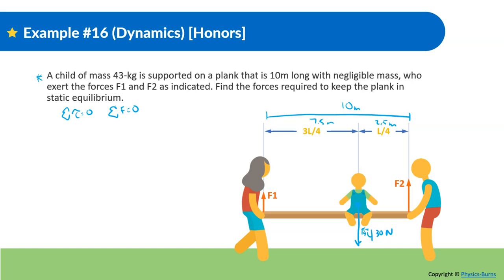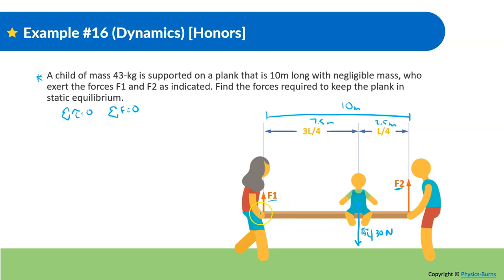So for now, let's look at the forces. Okay, we don't really know many forces, so we're going to look at the torque. First thing we have to do when we do problems like this is put an axis of rotation somewhere. And because it's not rotating, we can actually put it wherever we want. But it's best to put it where we don't know where one of the forces are.